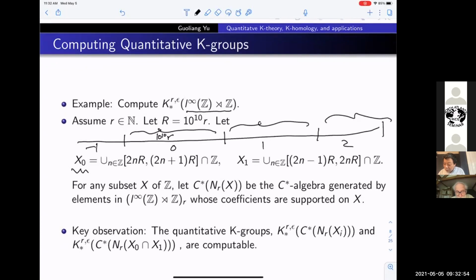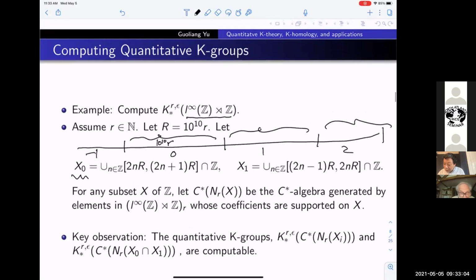So I look at those elements which are supported in X0 or X1. The entire C-star algebra can be written as a sum of elements either supported in X0 or supported in X1, essentially, and neither of them is an ideal of the entire thing.